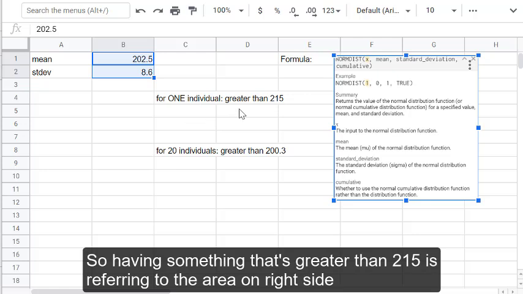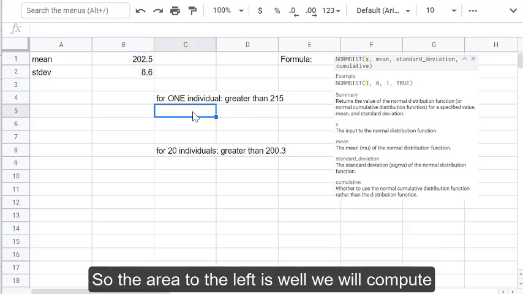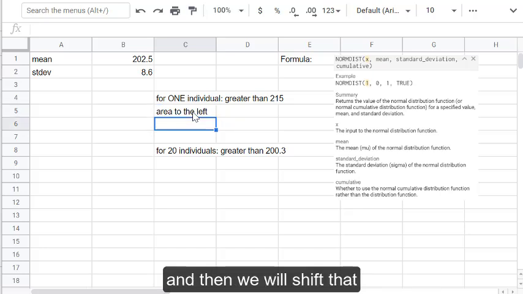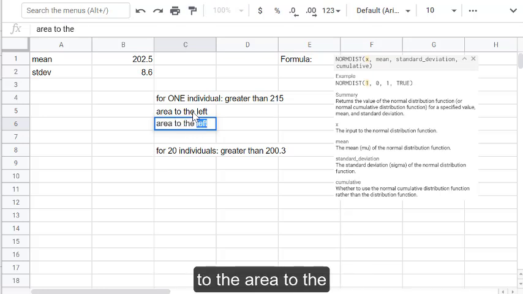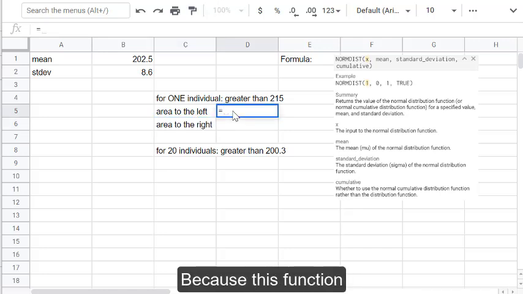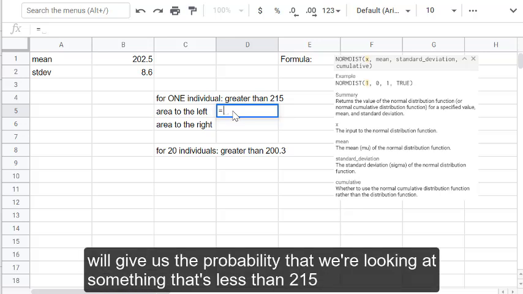So having something that's greater than 215 is referring to the area on the right side. So area to the left is what we will compute, and then we will shift that to the area to the right. Because this function will give us the probability that we're looking at something that's less than 215.